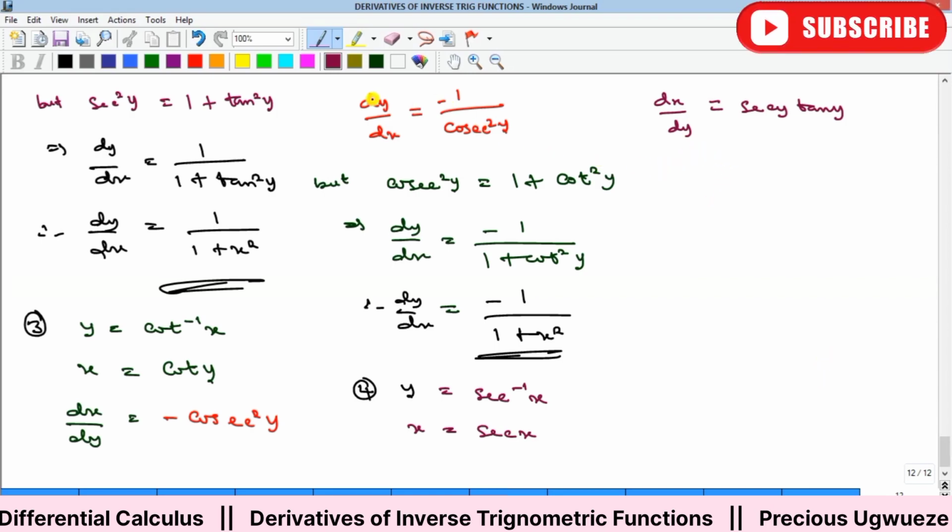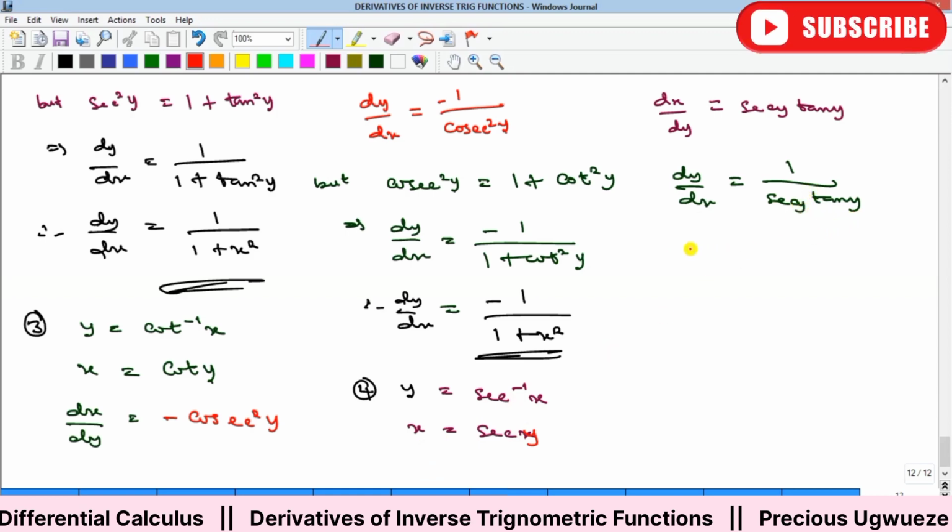And so to get our dy/dx, we are going to have that this is equal to 1 all over sec y tan y. Okay, so how do we now substitute our x into what we have here? So already our sec y here is, sorry, this is sec y, not sec x, sorry. So our sec y here is already x, so we can just substitute that here.